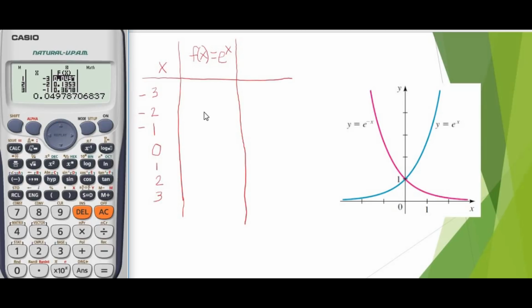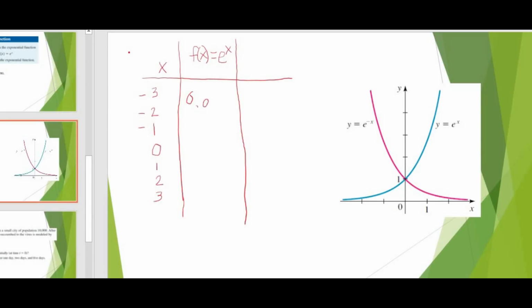Okay, so we'll write down our values. We have 0.05, rounded to 2 decimal places only for simplicity, then 0.14, and when x equals -1, 0.37, and at 0, 1, we have 2.72, and we have 7.39, and 20.09.